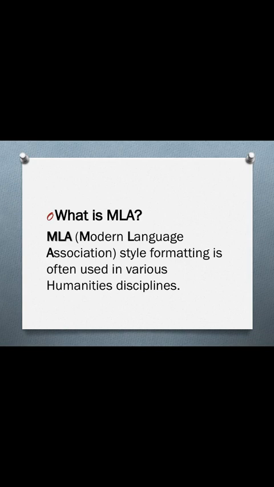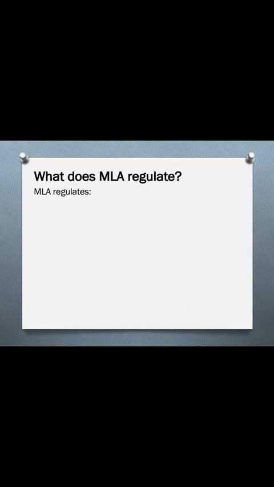So, what is MLA? MLA stands for Modern Language Association Style of Formatting, which is often used in various humanities disciplines. Humanities are pretty much anything like history classes, language classes, art classes, etc. What does MLA regulate?